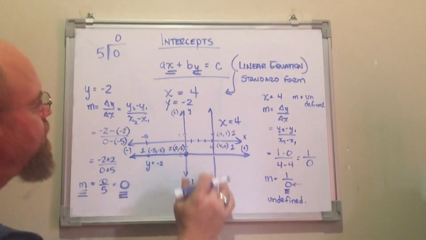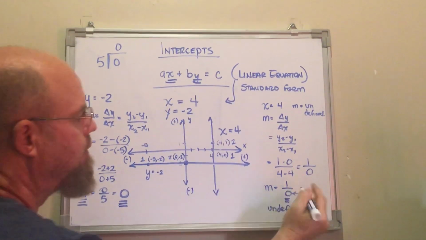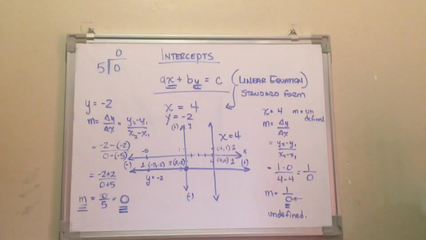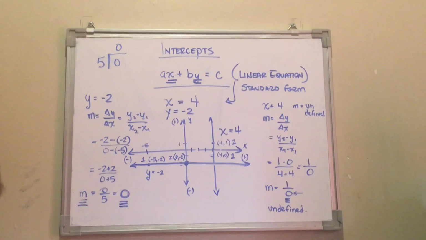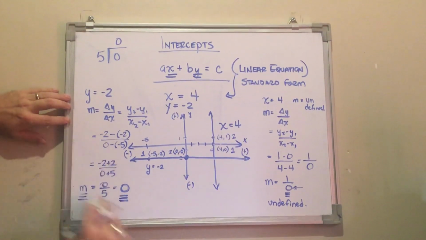And when x equals 4, which is a vertical line, the 0 is in the denominator, which makes it undefined. Okay? So, study that, and you have to know that.